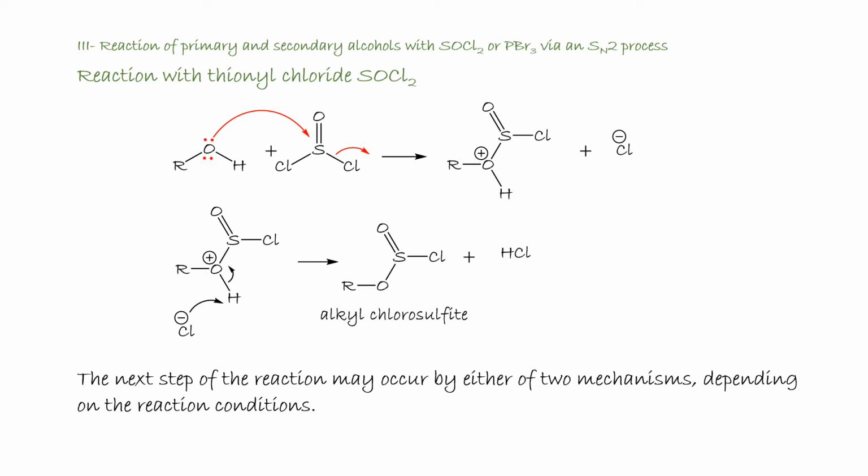Primary and secondary alcohols react with thionyl chloride or phosphorus bromide via an SN2 mechanism. We have already covered that before, but let's say it one more time. Here, the lone pair will attack on sulfur. As we mentioned, we can say, okay, kick this out, or we can say it goes here, this forms a negative charge, then comes back, and then this goes out.